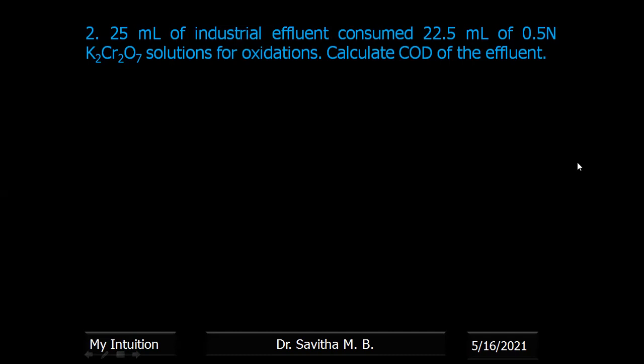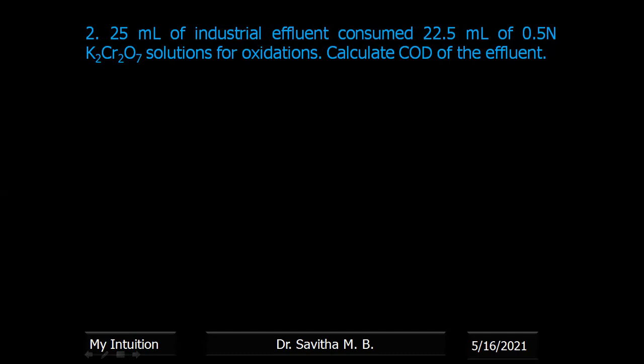Now, how do you find out how much potassium dichromate is remaining or how much is added? By titrating against FAS, right? As much potassium dichromate is present, so much FAS will be consumed. So as much FAS is consumed, that is also equal to how much potassium dichromate is present.